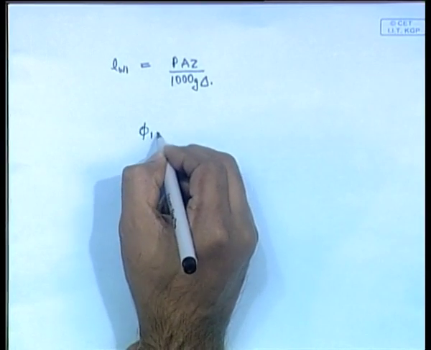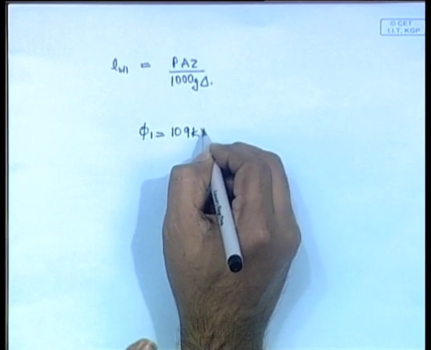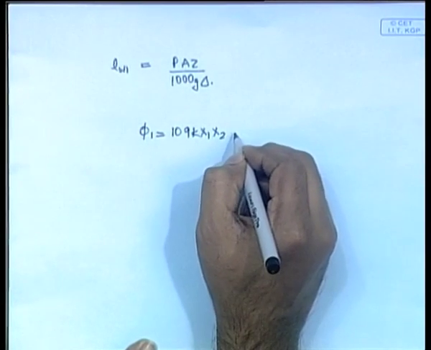Now, we have a couple of formulas developed by the IMO for the amount of heeling that is allowed due to wind. It is given by this formula, where phi 1 is equal to 109 K X1 root RS. I will explain what each term is.